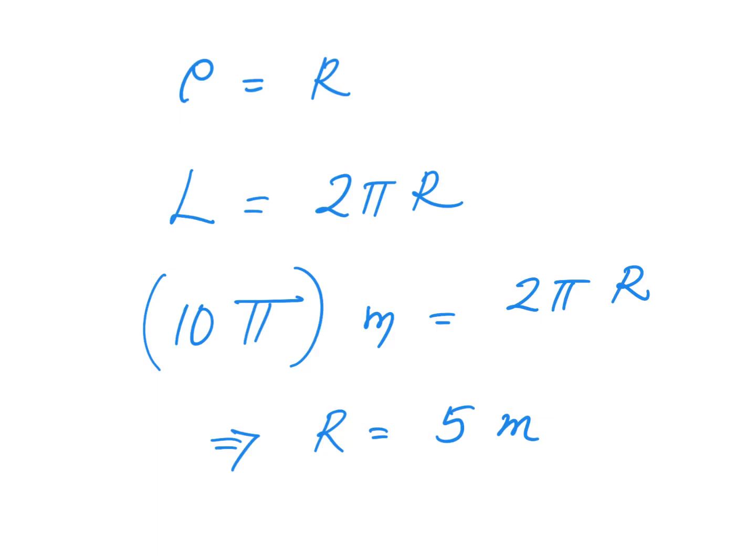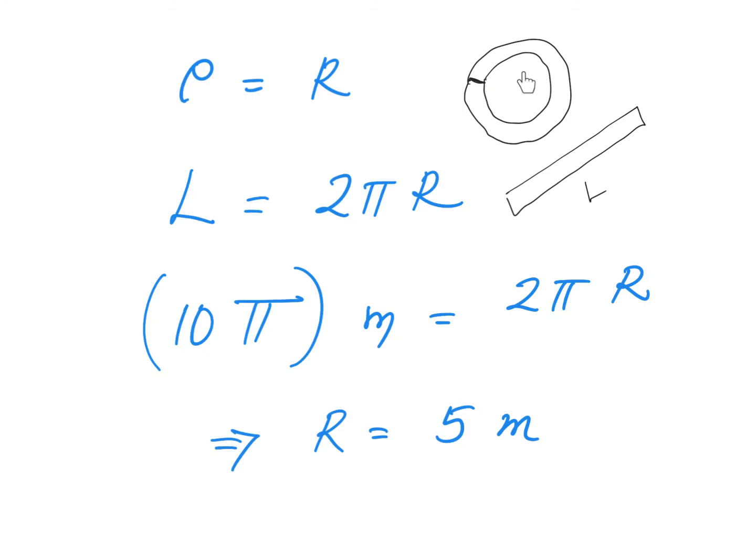Here what I have shown is a simple thing. Nothing great. You had a bar of length capital L initially. If you bend it into a complete circle, the length L remains constant, but now L can be written as the perimeter of this particular shape. Make sense? So the radius of curvature can be evaluated in this manner.